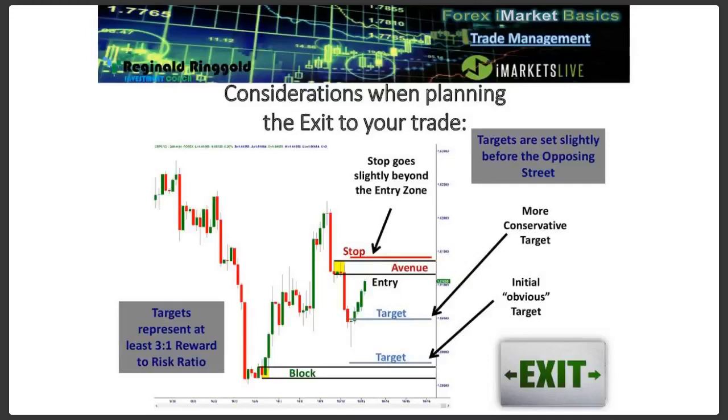If you understand what I'm saying based on stop size, my target needs to be at least 3 times the size of my zone. I'll call it a street. In this case, we say an avenue. So that means at a 3-to-1, you can see the more conservative target. The initial target is here because it's the opposing area, but the second target, shall I say, would be the one down here.